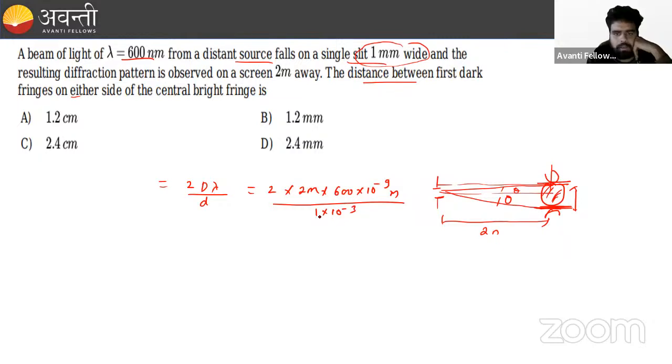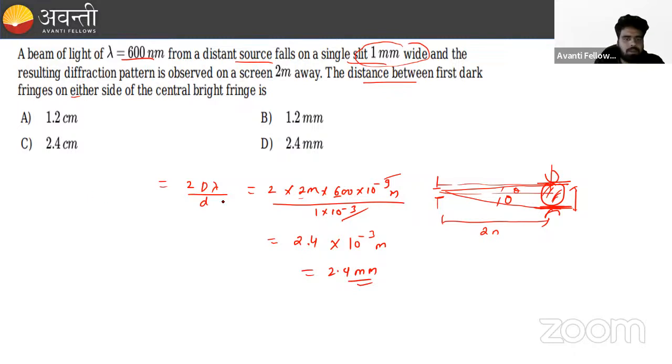After solving this, we get 24, and after cancelling out, this value becomes 2.4 mm. So here we can say 2.4 mm is the right answer.